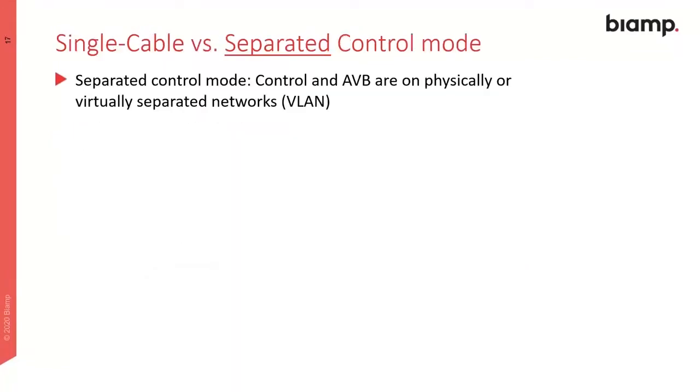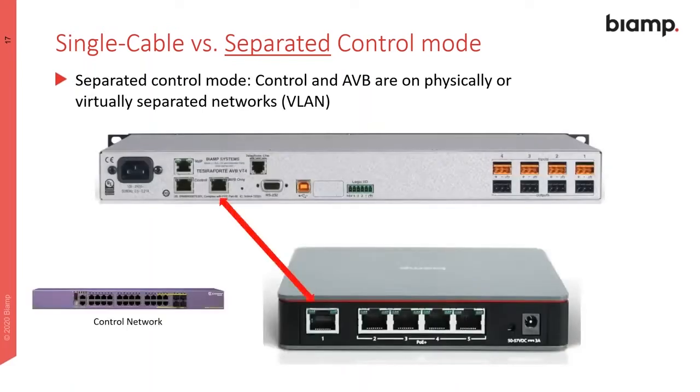In separated control mode, control and AVB are physically or virtually separated through the network. So you will have a VLAN for AVB and another VLAN for control. You're going to connect the AVB into port number 1, while the control goes into another port.